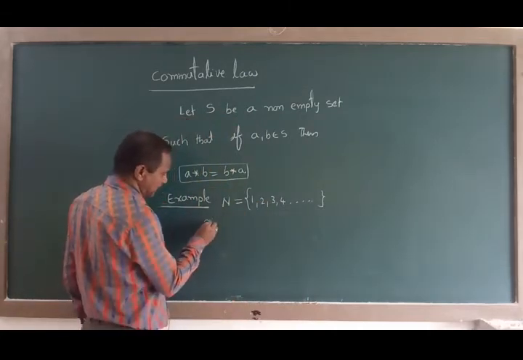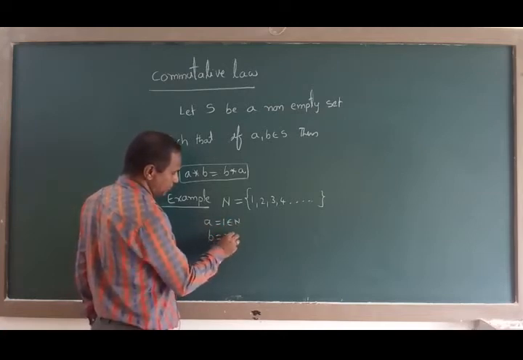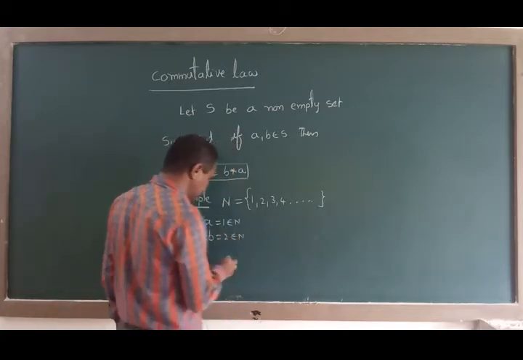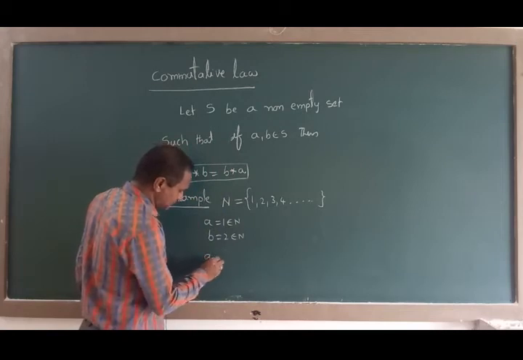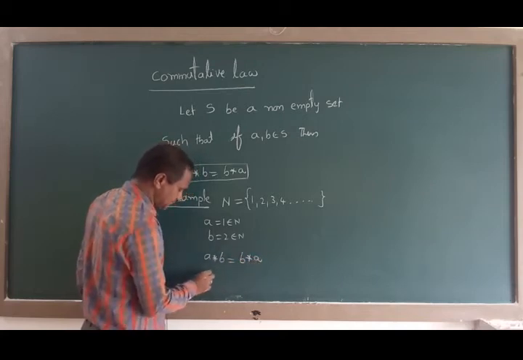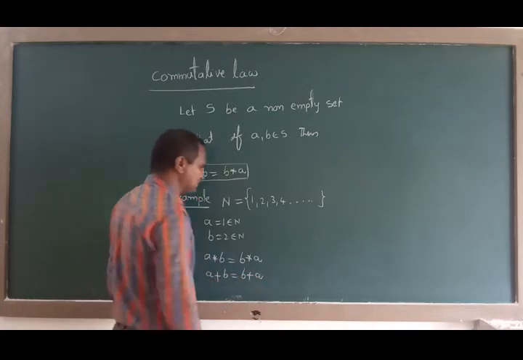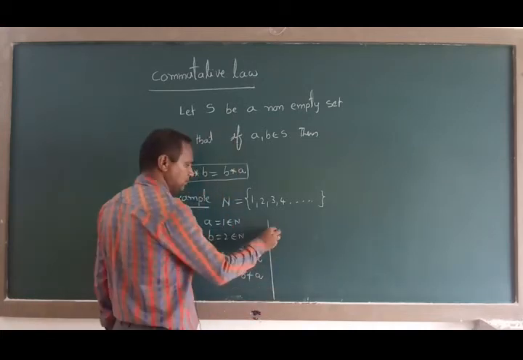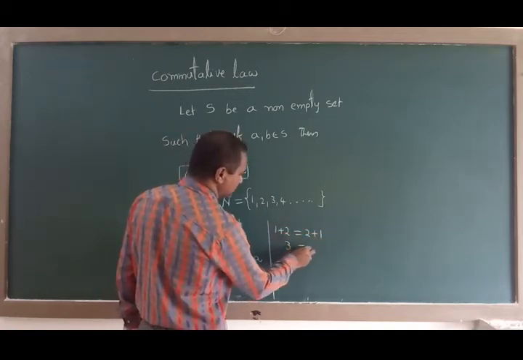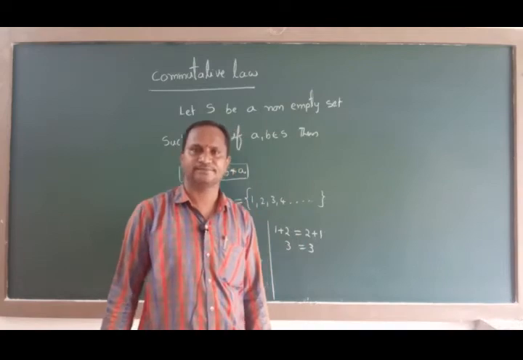A is equal to 1, which belongs to capital N. B is equal to 2, which belongs to N. First, with respect to addition, the formula is A star B is equal to B star A, that is A plus B is equal to B plus A. Take 1 and 2: 1 plus 2 is equal to 2 plus 1, 3 is equal to 3. Therefore, star is commutative with respect to addition.